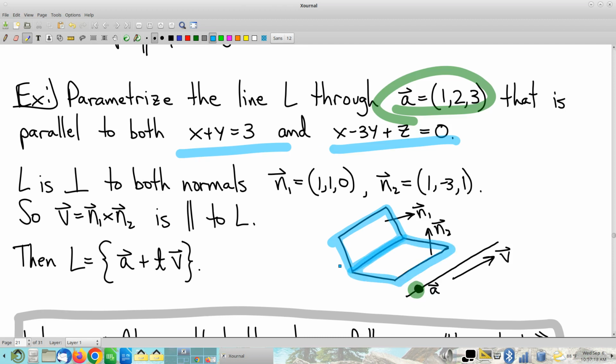Right? So given two planes, they're going to intersect. They're going to define a direction by the direction of their intersection. I want to find the line that's parallel to that intersection direction, but also goes through this other point, A.